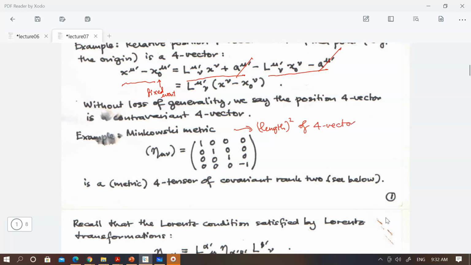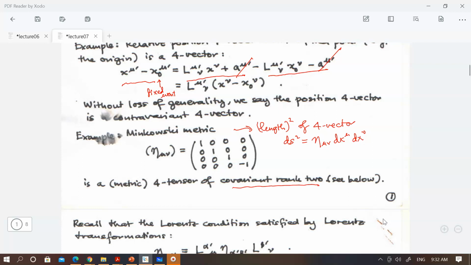An example is this one: s squared equals eta mu nu dx mu dx nu. Your Minkowski metric, as you can see, is really a four tensor which has covariant rank 2.